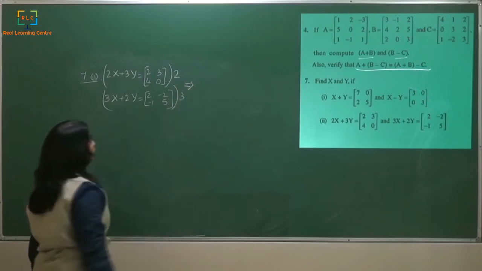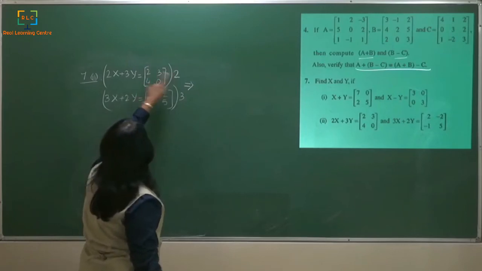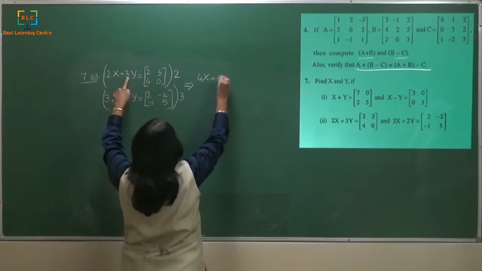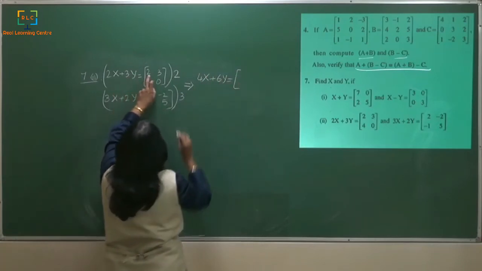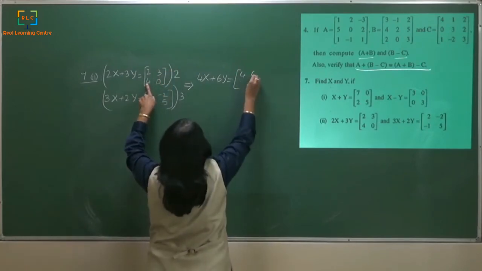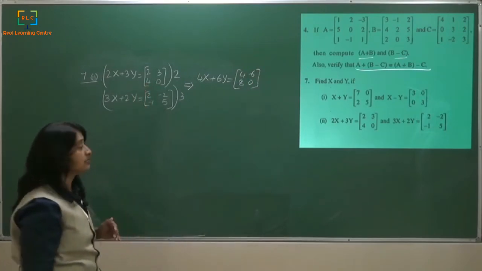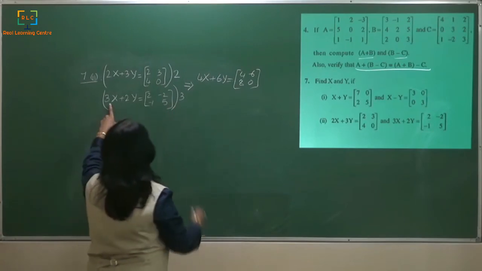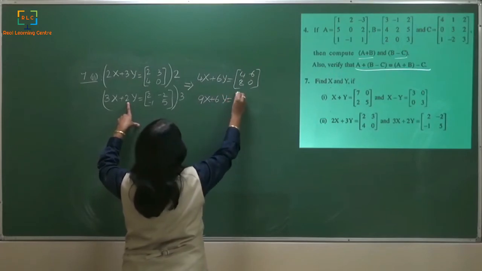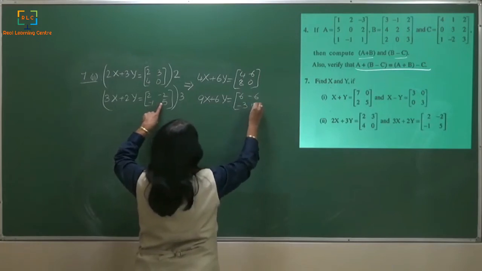So 2 2s are 4x, then 2 3s are 6y is equal to 2 multiplied to all the elements, so you end up getting 4 6 8 0. Likewise, I'll multiply 3 to the entire second equation: 3 3s are 9x plus 3 2s are 6y is equal to 6 minus 3 and 15.